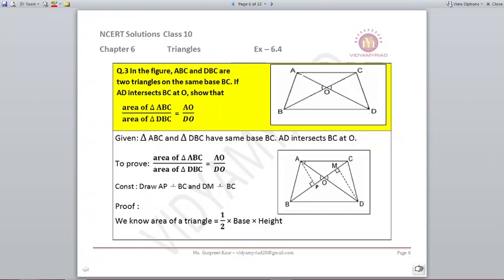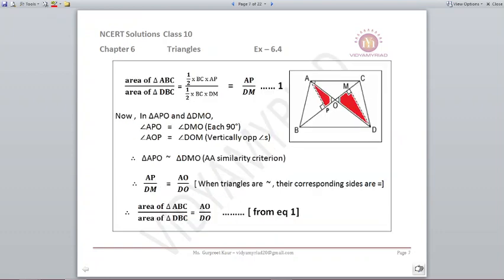And to find out the area of a triangle, we know the formula half into base into height. If we take triangle ABC, half into base into height means half into BC into AP, and area of triangle DBC means half into BC into DM. So half and half cancel, BC cancels, we are left with AP upon DM. Let it be equation number 1.